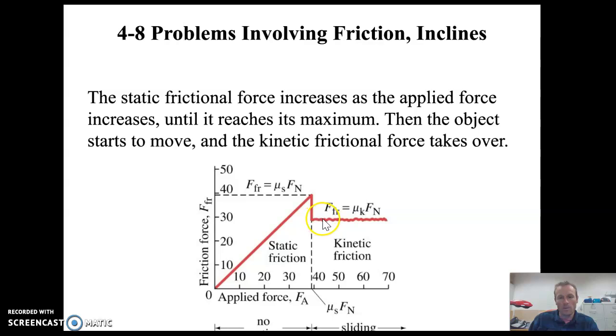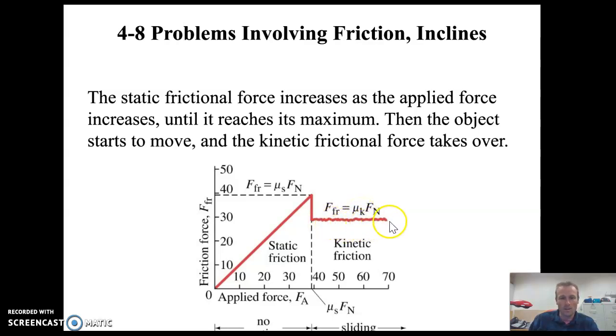As we continue to increase the normal force, whatever that kinetic friction force is, it's going to remain relatively constant as the object is sliding. You can see some small fluctuations here, but in general this kinetic friction force is only based upon the magnitude of the normal force and the magnitude of the coefficient.